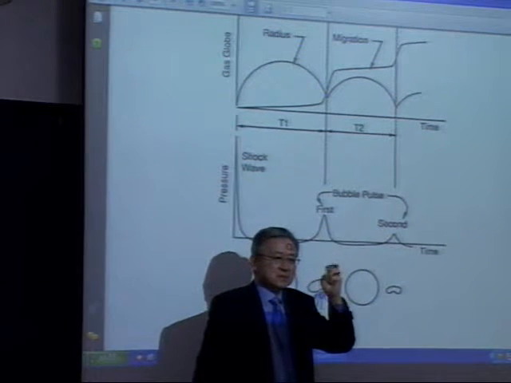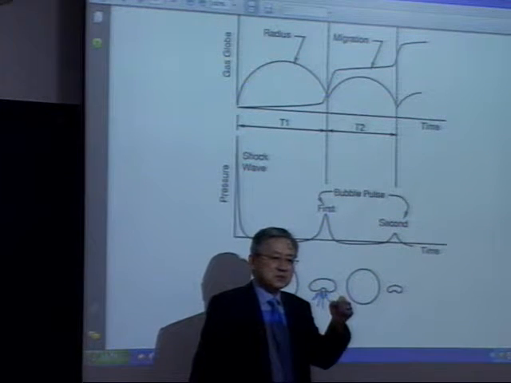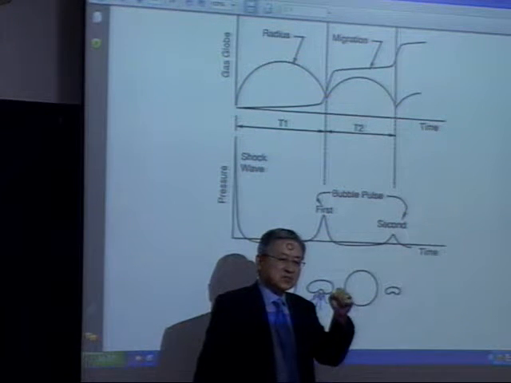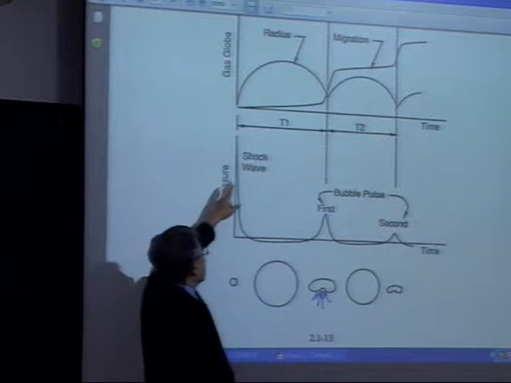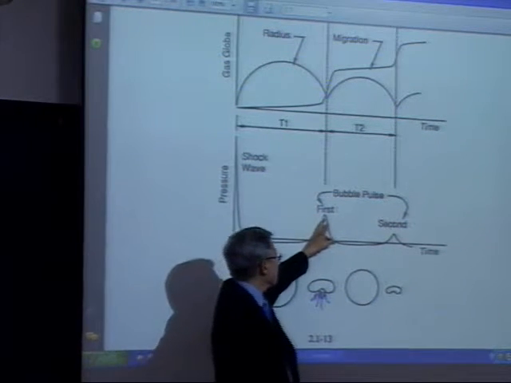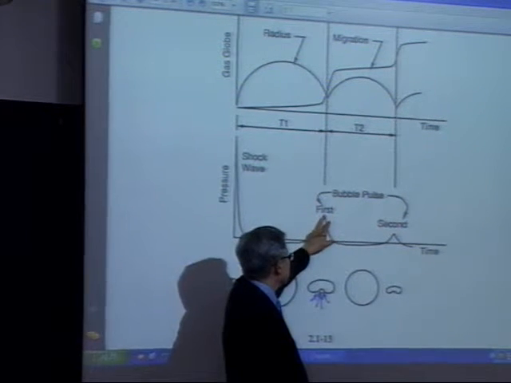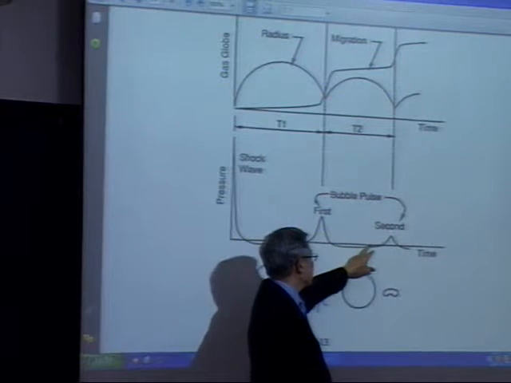Whenever something collapses in the water, there is a shock, which is not as big as the incident shock wave, but small. Then again, the bubble comes up, then down, then bang.